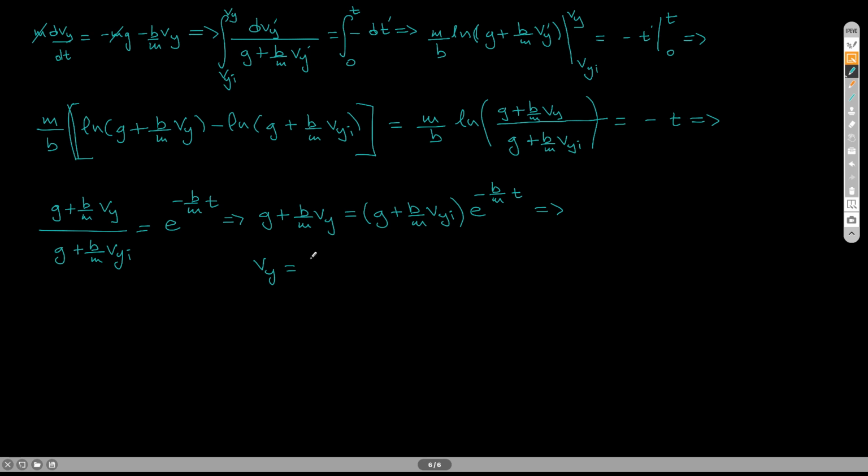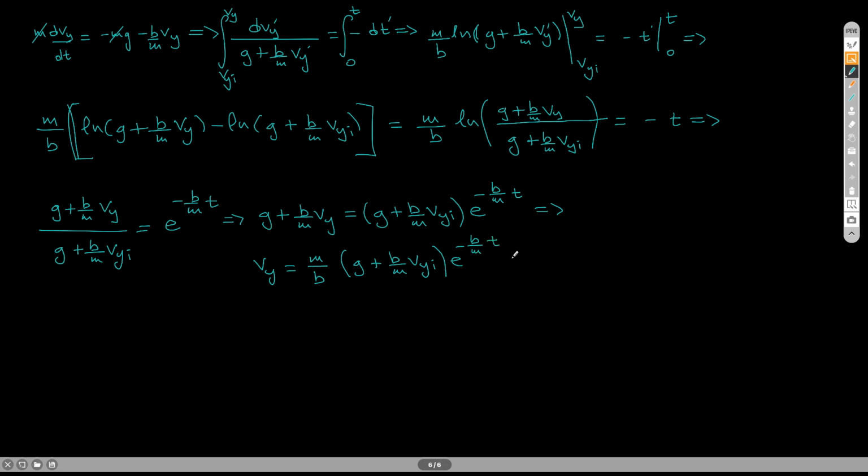So I am multiplying with m over b, g plus b over m vy initial, e to the minus b over m t.